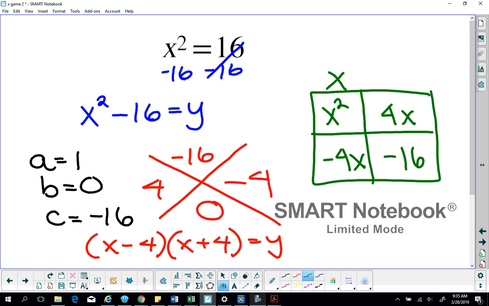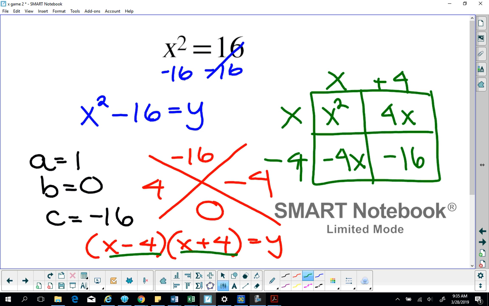X. And then what's the GCF of 4 and 16? Good. Plus 4. And what do they both have here? What letter? X. And they both have a negative sign, so I'm going to put a negative. And then what do they both have here? 4 and 16. What's the greatest common factor that goes into both of them? 4. Which is the same thing I get here, x minus 4 or x plus 4.